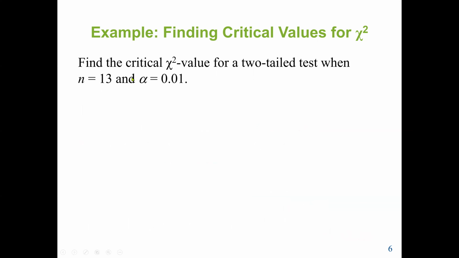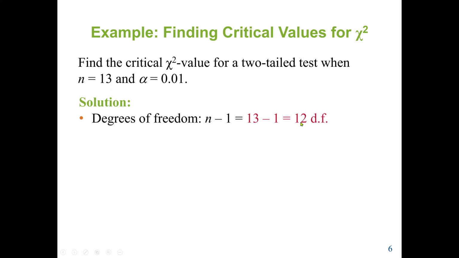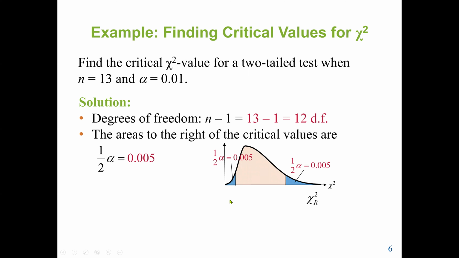So let's do the second question now. Find the critical chi-square value for a two-tailed test when n is 13 and alpha is 0.01. So first we find the degree of freedom is 12, 13 minus 1. Then this time it is two-tailed. So we know we have half alpha.